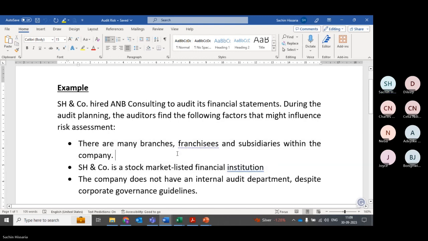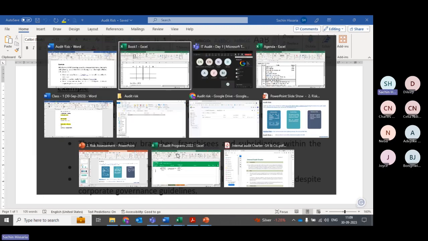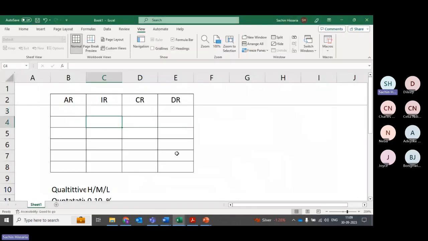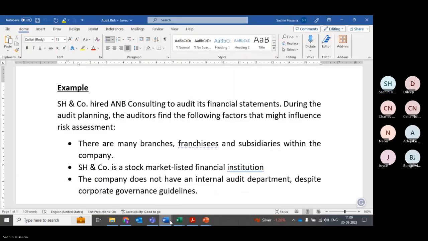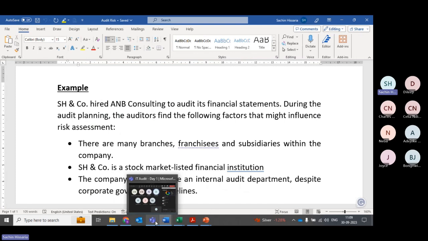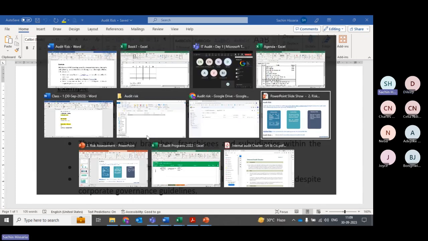Extremely high. What do you think here? High. Can anybody please tell me why you are saying that inherent risk is high in this scenario? Give me the rationale, please. As mentioned by Dilip, what is inherent risk?